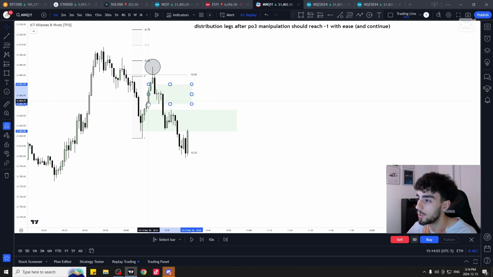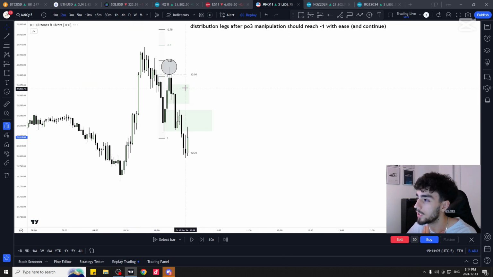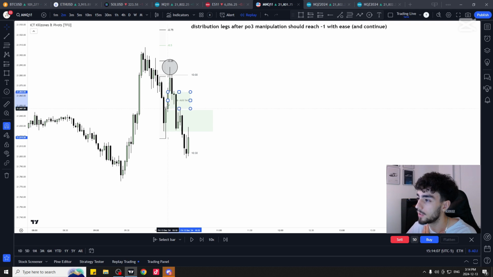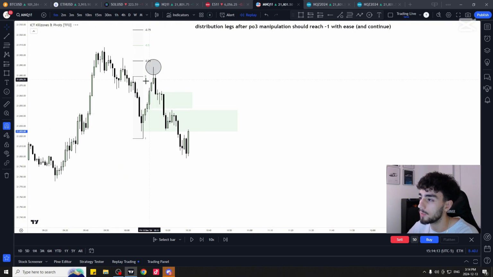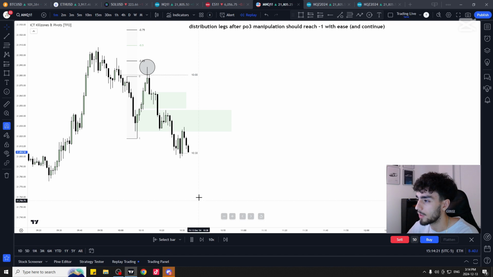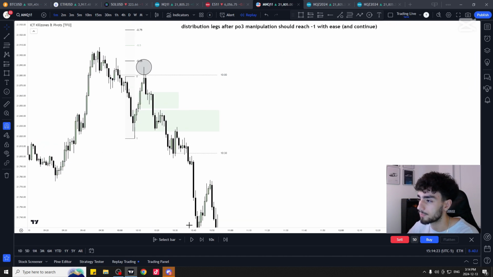So one inversion there, probably a 2-minute inversion. Very clean. Immediately came up, tapped the rejection block, failed to take the high, took out the 1-minute short-term high. This is now an intermediate term high. Keep that in mind. And then we go lower and we continue lower.